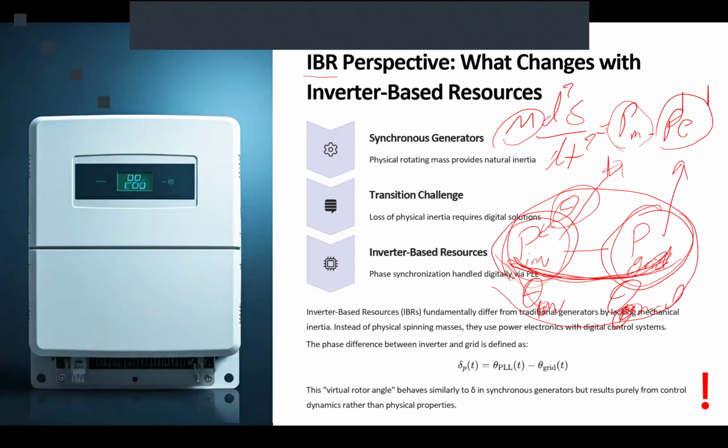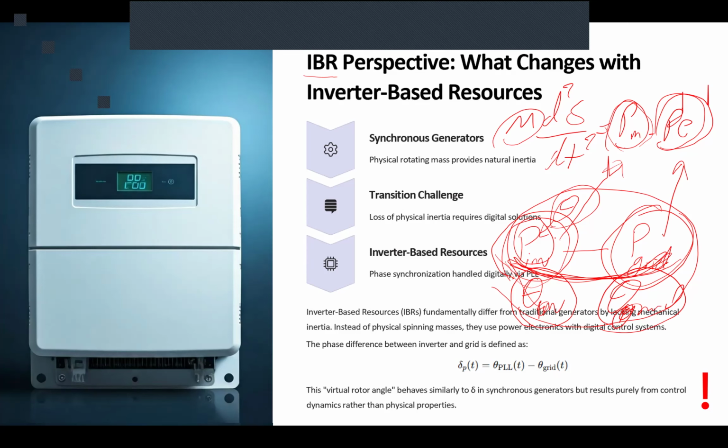So these two could be represented as equivalents of PM and PE. If the thetas are representing these, we could basically use the theta of our inverters and the theta of the grid to represent what we had before in the conventional swing equation as mechanical power and electrical power.